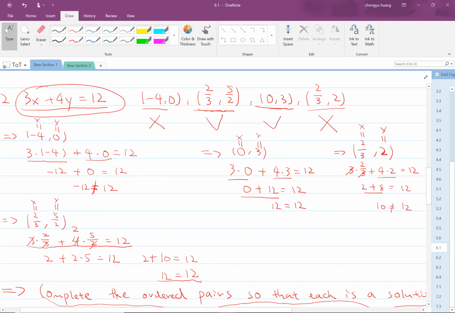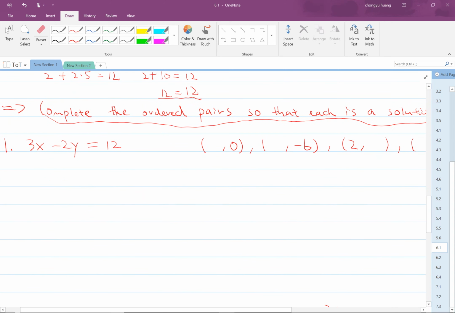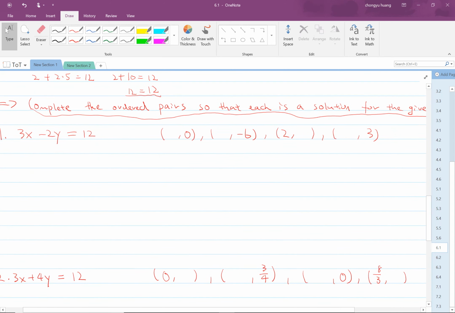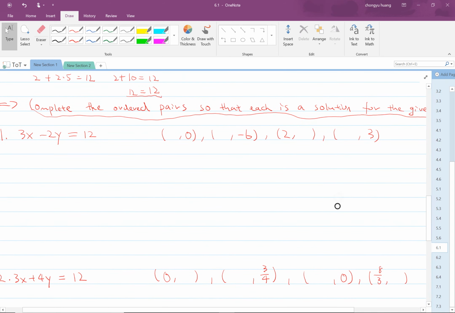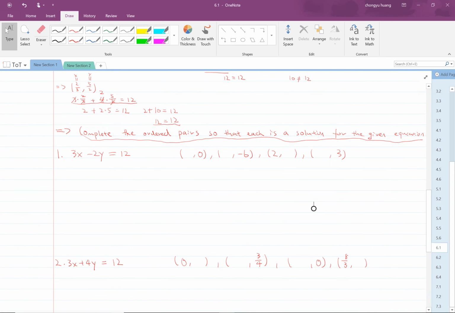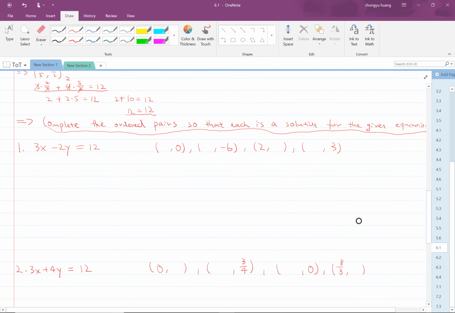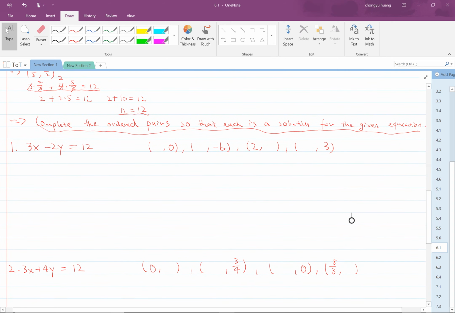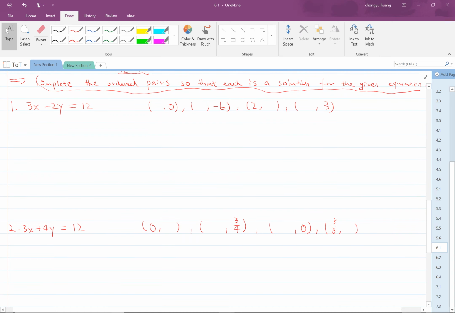Okay, so now let's move to the other kind of question. Over here, what we want to do is complete the ordered pairs so that each solution is in the given equation.